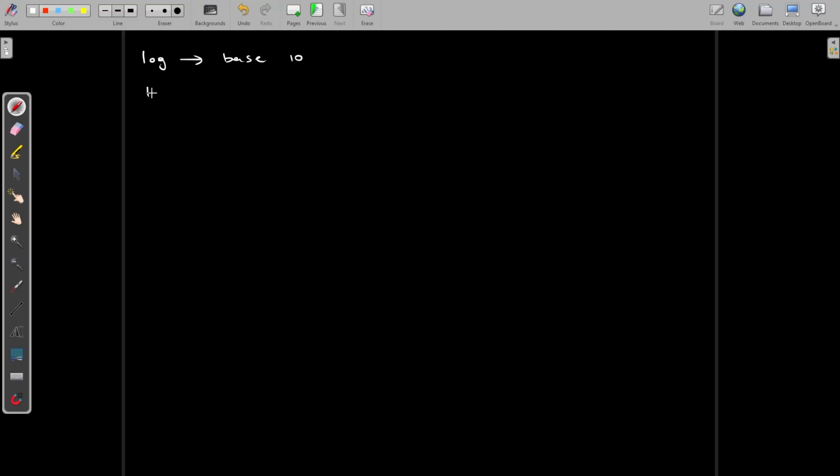However, when we see ln, what is the base we are referring to? So this is to base e. So these are just some important things that we need to have in the back of our heads.